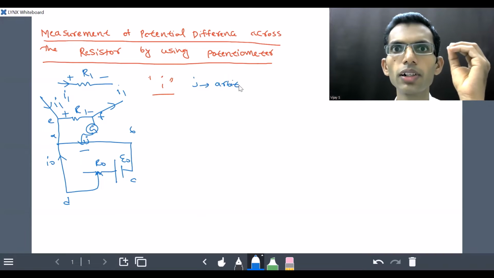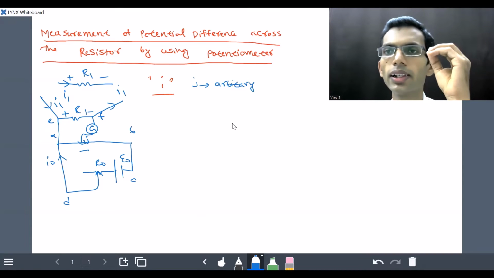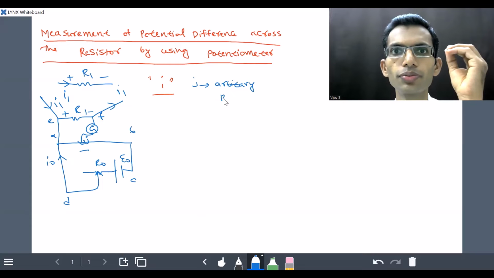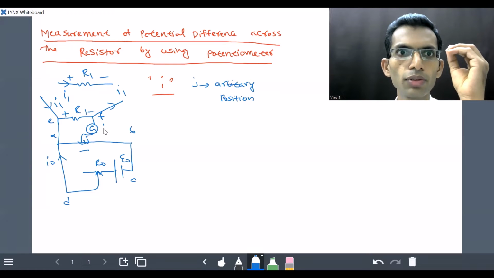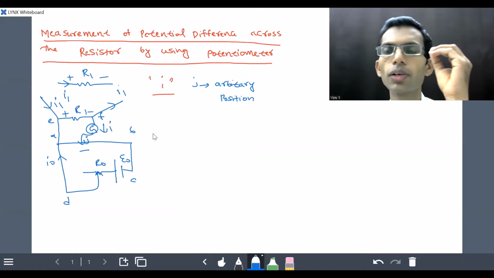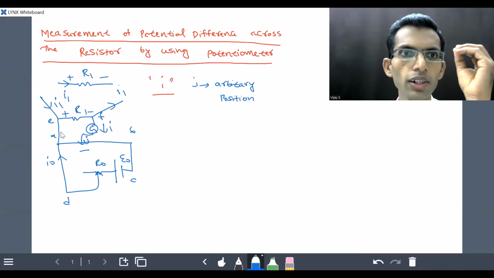Arbitrary position means it can take any value. When it is at an arbitrary position, let us say small I is the current flowing through the galvanometer, the current that is leaving the junction A, like this.